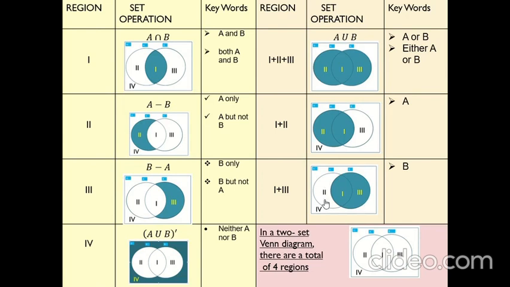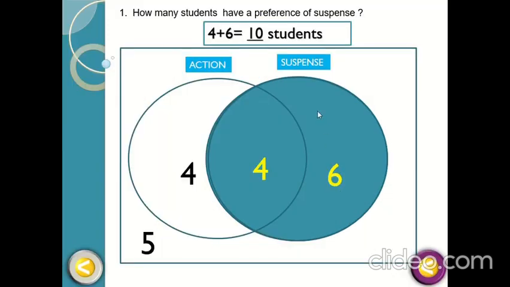Same with this problem. You have to add the regions 1 and 3. The keyword is that there is no word only or there is no restriction. Example, how many students have a preference of suspense?